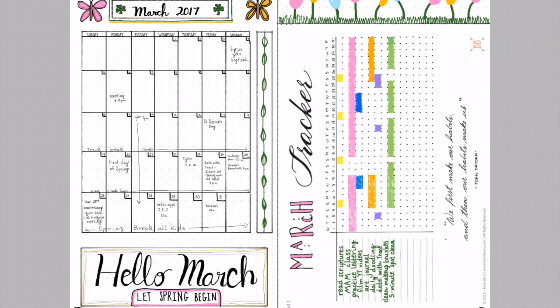So anyways, I just thought that I would go ahead and start with the month of March. I know some people just like to use the future log and then some dailies, but I really like a visual of my whole month. So what I did here was I hand drew this calendar and the writing in it, just because I have to see what I have upcoming, especially with March.